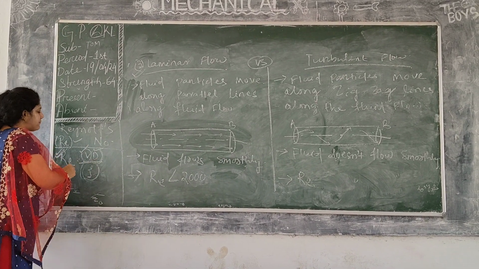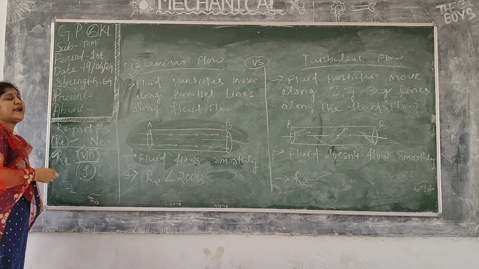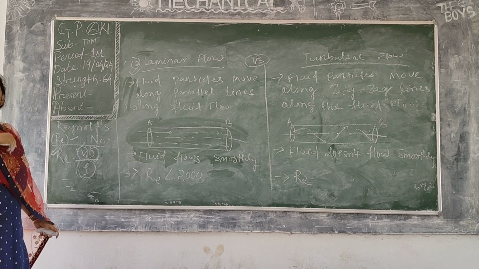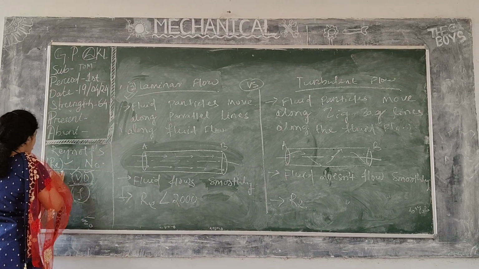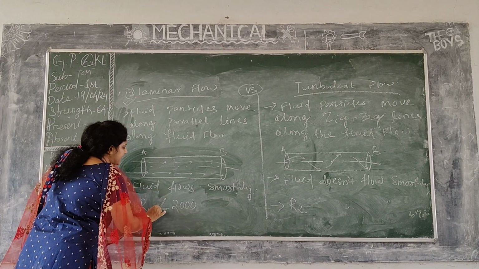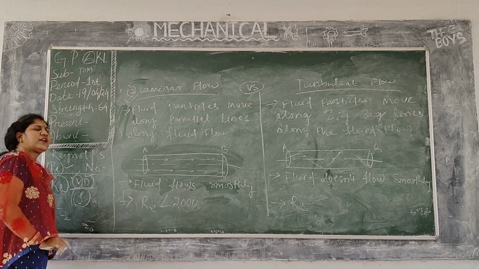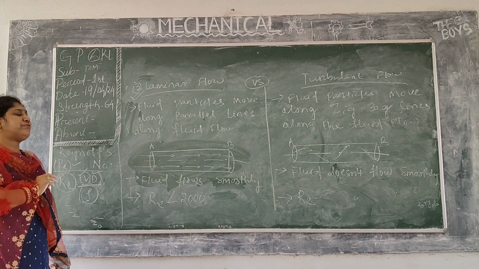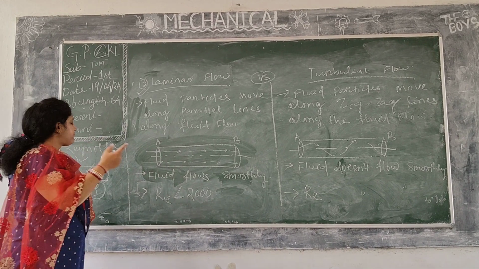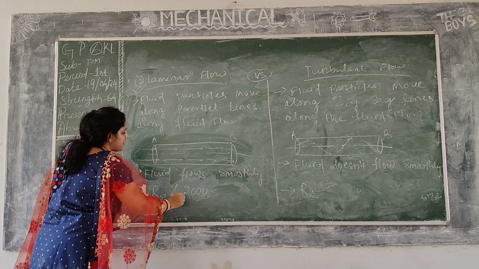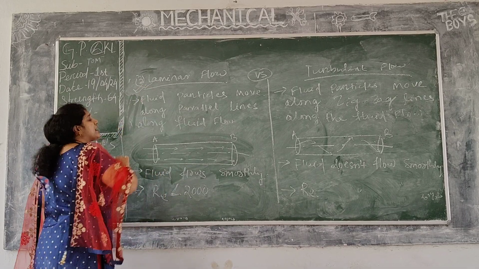And what is the density of the fluid which is going to flow? So let's first find it out. After that, if we get the Reynolds number value less than 2000, then we can assure, okay, this will go for laminar flow.